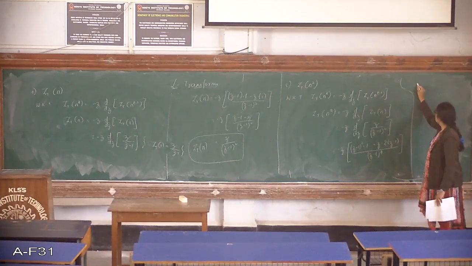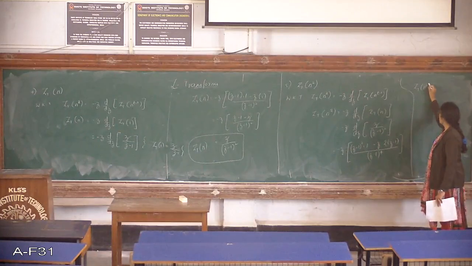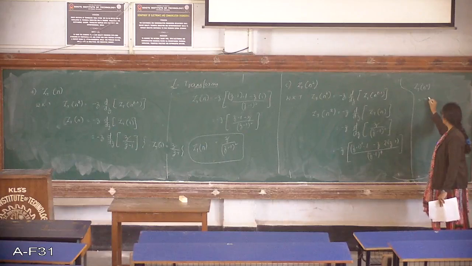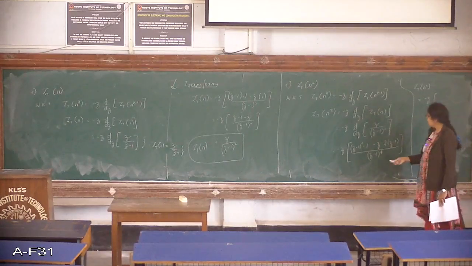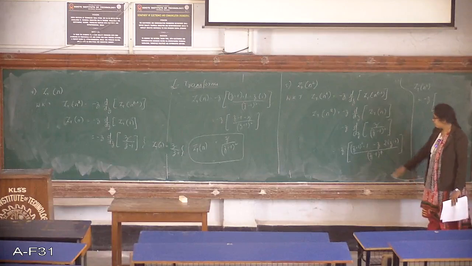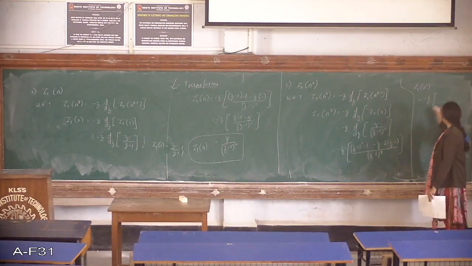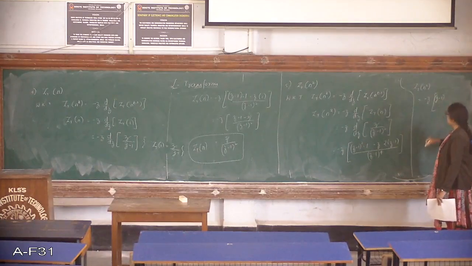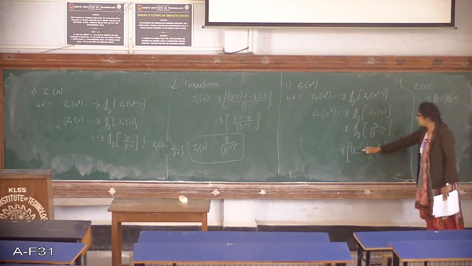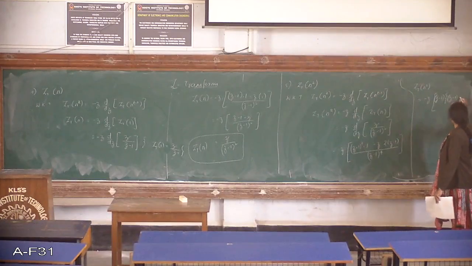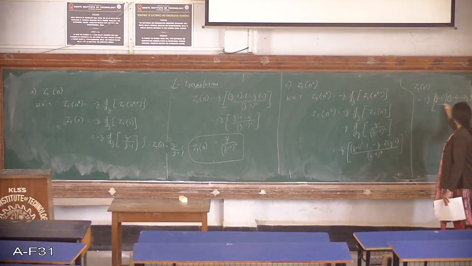To continue, z transform of n square will be equal to, I'll simplify, minus z. You can see that z minus 1 the whole square is in this term and z minus 1 over here. So we can take z minus 1 common. If I take z minus 1 common, I shall be left with z minus 1, because here there is a z minus 1 whole square, one is taken as common, and the other one is left as minus 2z, divided by z minus 1 whole raised to 4.